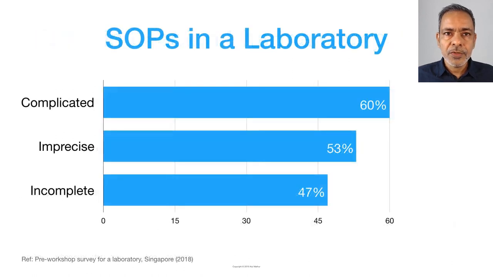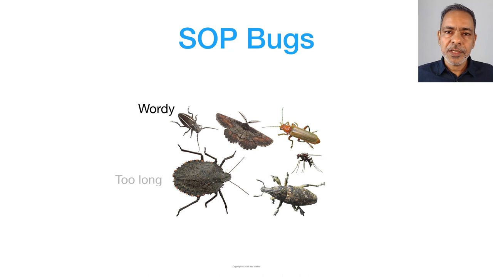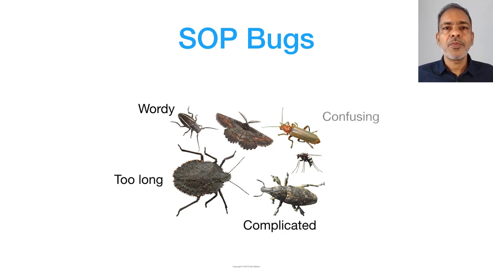And the story is no different when I conducted a similar survey for a laboratory in Singapore. So we can easily see what the common SOP bugs are. Not all, but many SOPs are wordy, too long, complicated, and confusing, instead of being clear, concise, and precise.